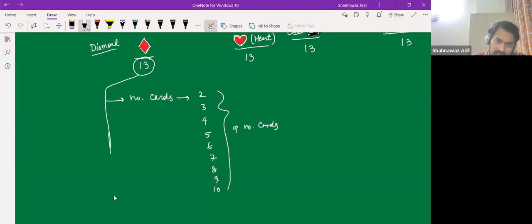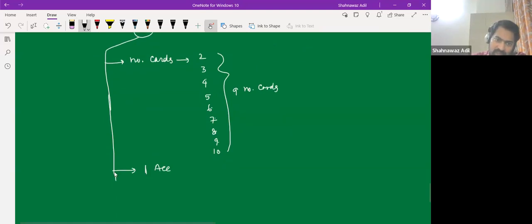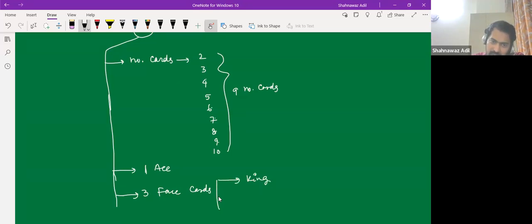Okay. And then we have one ace. So how many is this? 9 plus 1 is 10. Then the remaining are the face cards. So one is king, the other one is queen, and then we have jack. Okay, so this is how the cards are divided.